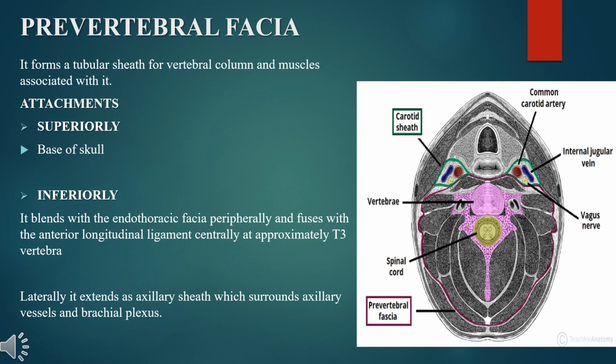Inferiorly, it blends with the endothoracic fascia peripherally and fuses with the anterior longitudinal ligament centrally at approximately T3 vertebra. Laterally, it extends as axillary sheath which surrounds axillary vessels and brachial plexus. In the diagram, the purple colored outline shows the pre-vertebral fascia covering the pre-vertebral muscles, and anteriorly it blends with the carotid sheath.